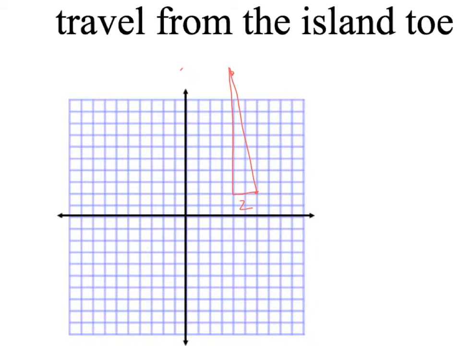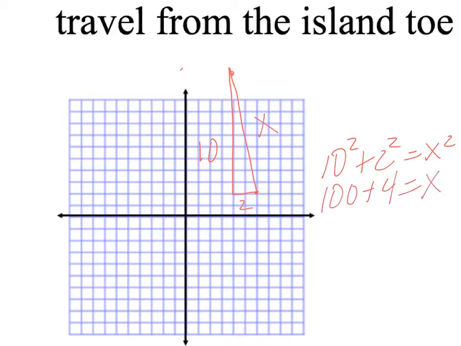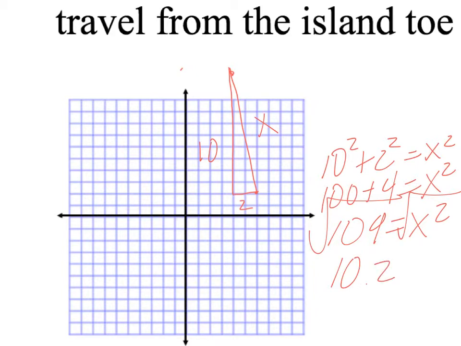So this distance, my height, is going to end up being 10. So 10 squared plus 2 squared needs to give me x squared. 100 plus 4 needs to give me x squared. 104 needs to give me x squared. Square root, square root. When we square root 104, we get 10.2 approximately for our x. It did round up, rounded up to 10.2.